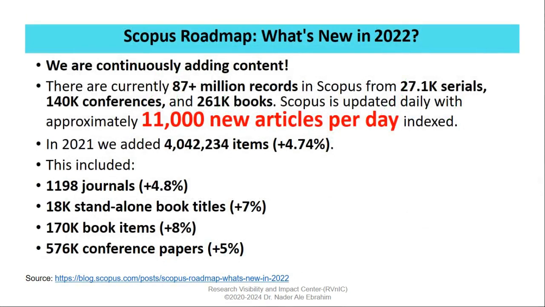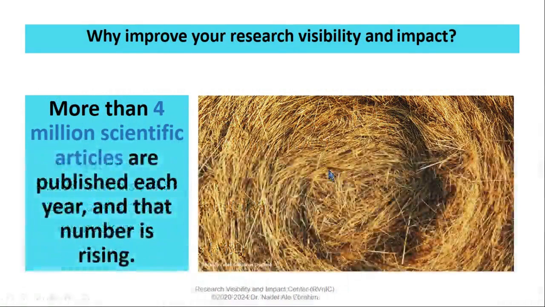Okay, another motivation for improving research visibility and impact is the latest info from Scopus at the end of 2022. It mentioned every day they index 11,000 new papers, and it means every year we have over 4 million new articles indexed by the Scopus database.